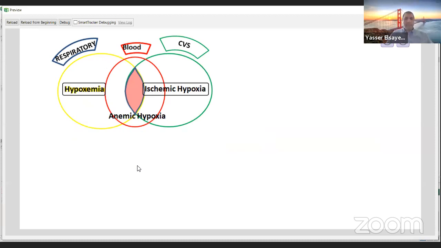Before we discuss the 4 main mechanisms of compensation, remember that we have in our body 3 systems responsible for maintaining oxygen delivery, which is the main goal of maintaining cardiovascular stability, to maintain normal oxygen delivery and aerobic metabolism at the cellular level. So we have 3 systems: the respiratory system, the cardiovascular system, and the blood, which is carried by the cardiovascular system to carry oxygen to the tissues. And the 3 systems should be working all together.